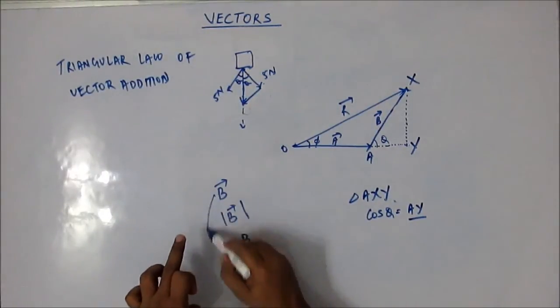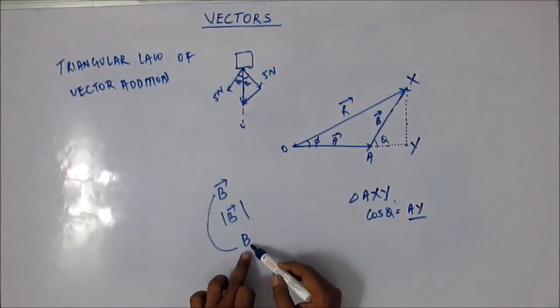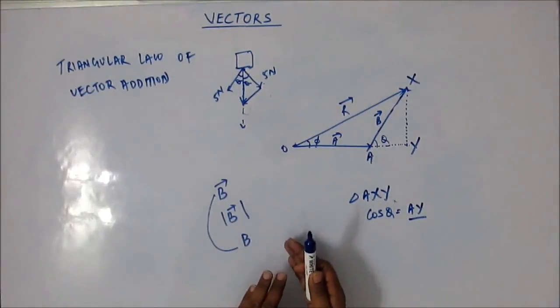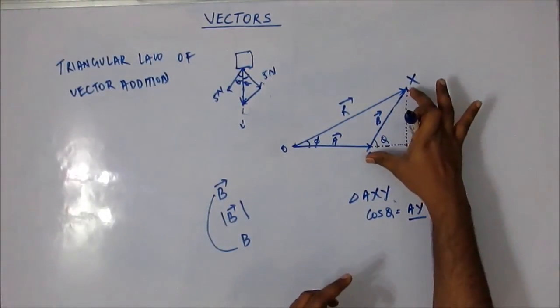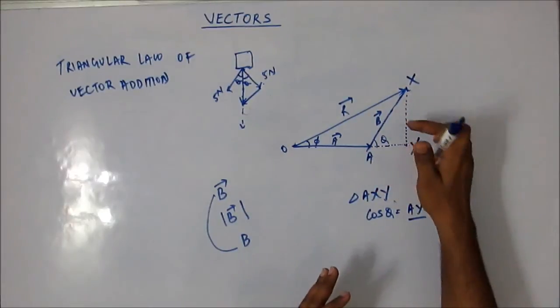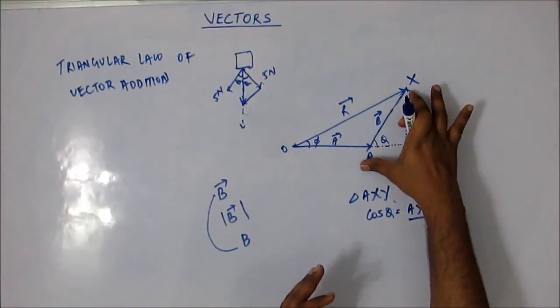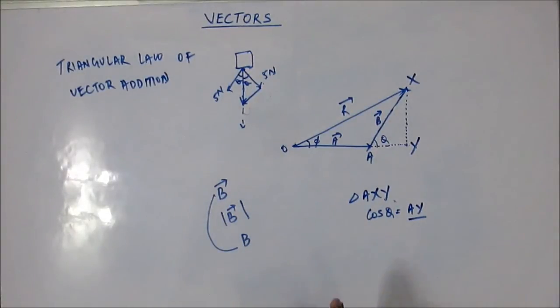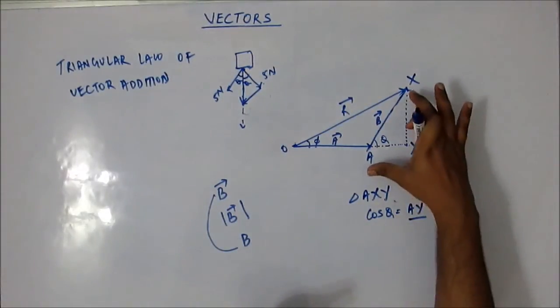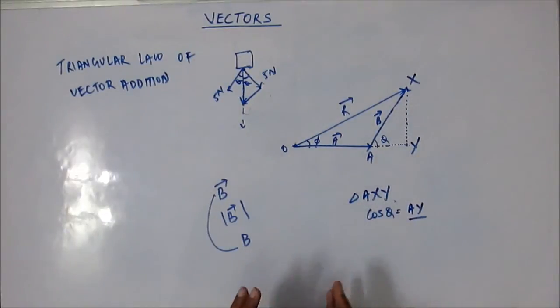This is B vector, it has direction, and if you use just B, that means it doesn't have direction, it doesn't have unit, it only has magnitude. The length of this would be proportional to the magnitude. The length of this B vector we can write as just B, meaning it just has the numerical value. Suppose this is 5 units, then B is just 5.